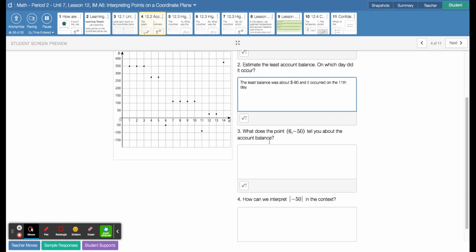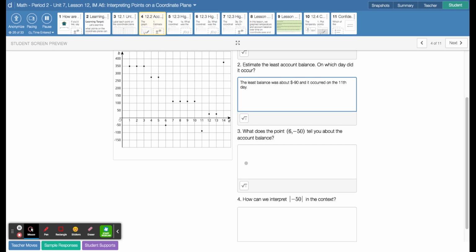The third question is asking, what does the point (6, negative 50) tell you about the account balance? And if you look at this, we can see here that 6 does take us to the right first. And so here, going to the right first, I do see that that would be the 6th day. And negative 50, which is the point right here, tells me that we are negative $50, or basically we borrowed $50 from the bank.